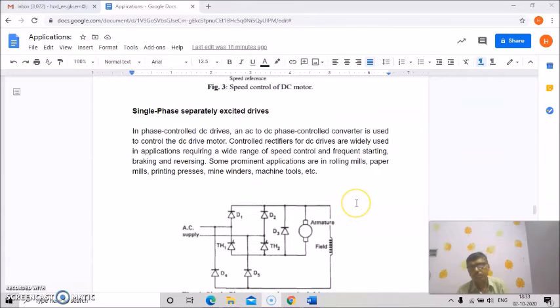I think you got the application part and the basic idea why it is being used, and this is very important. This application is widely used in industries such as rolling mills, paper mills, printing presses, mine winders, machine tools, etc.